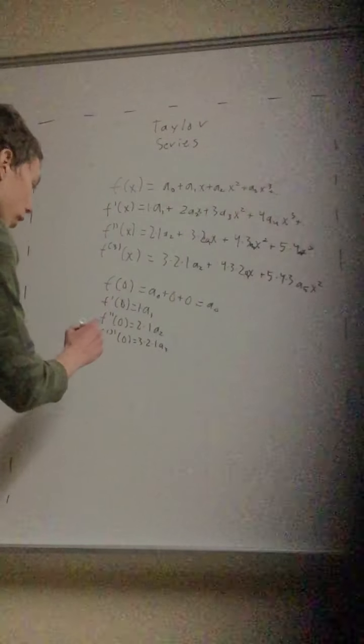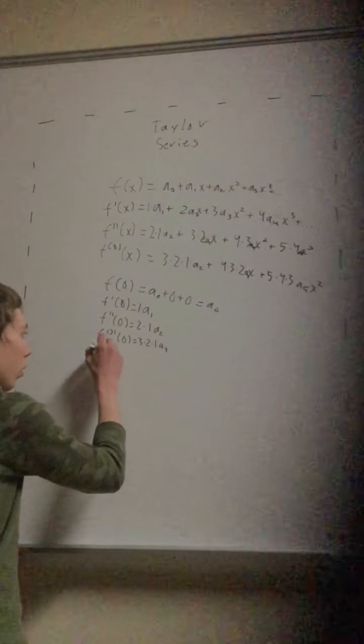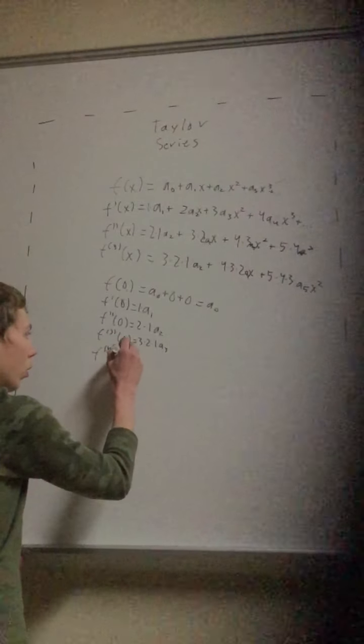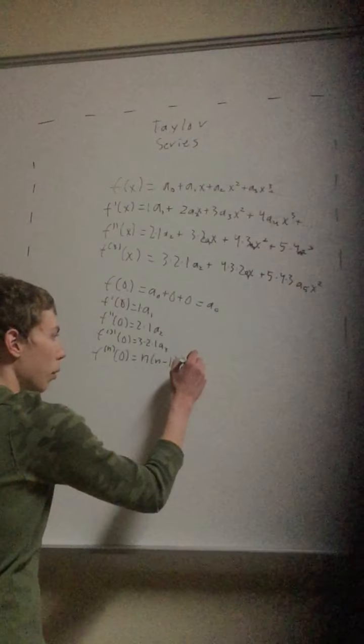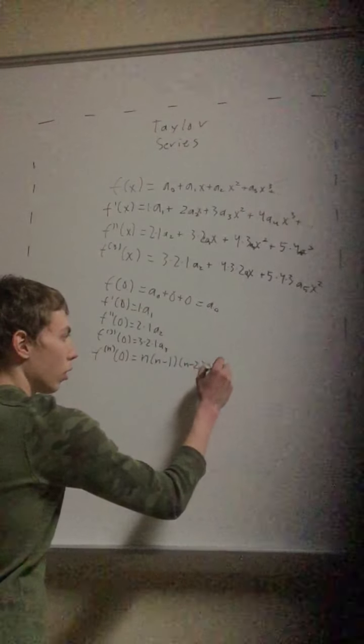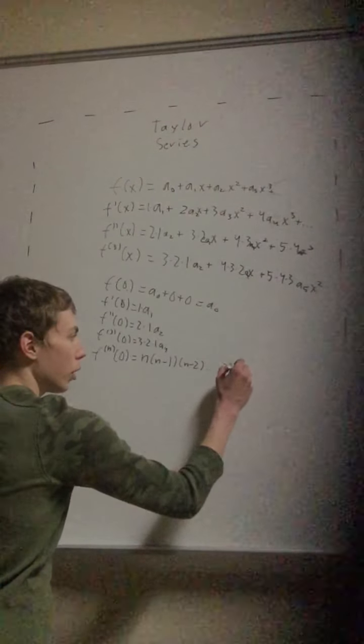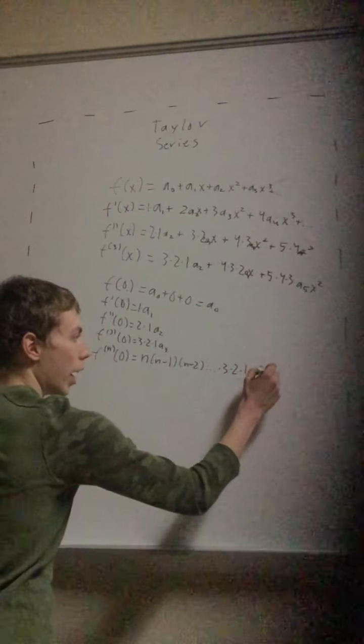So, the general one is n times n minus 1 times n minus 2 times 3 times 2 times 1 times an.